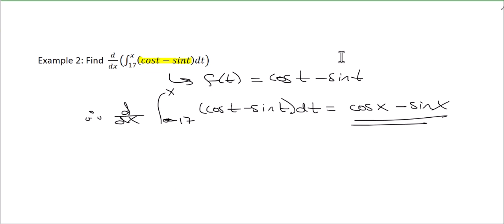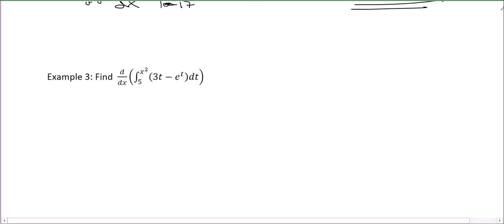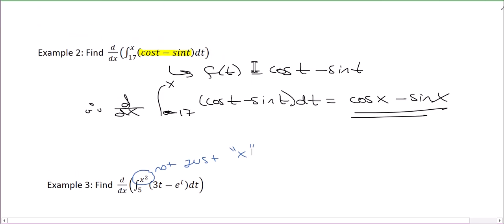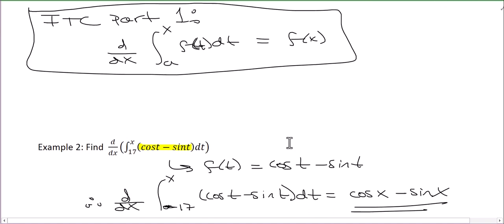So in example 3, we have to use the chain rule. Why do I need to use the chain rule? Because I have 5 to x squared, so it's not just x. The fundamental theorem of calculus just says if it's from a constant a to x of f of t dt, then you get f of x.